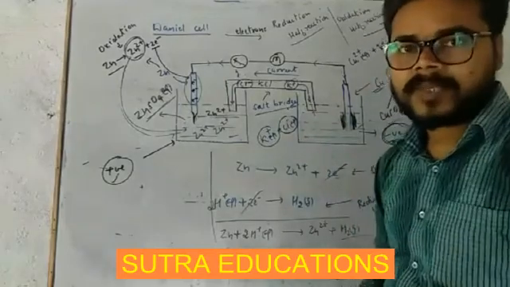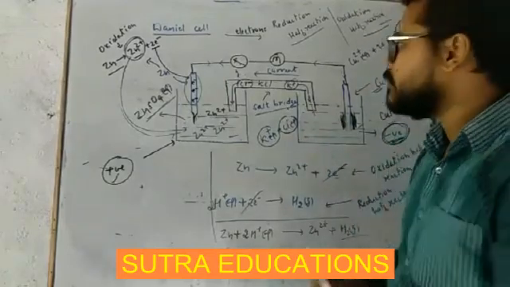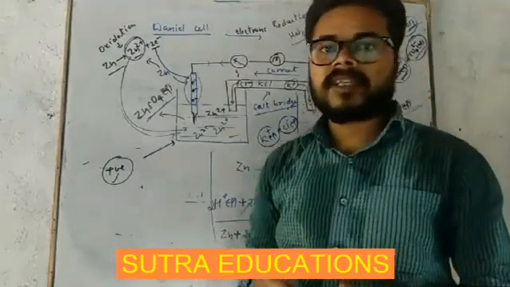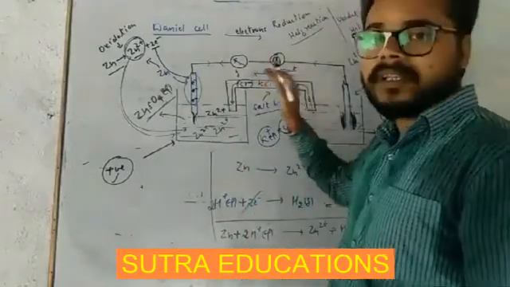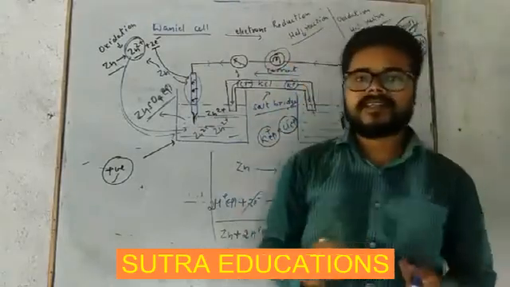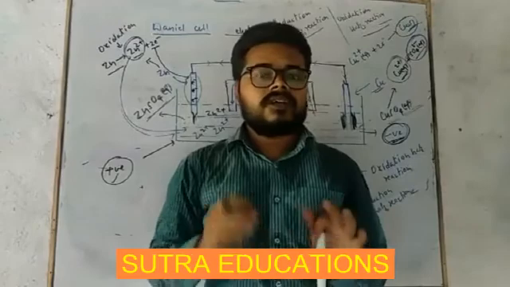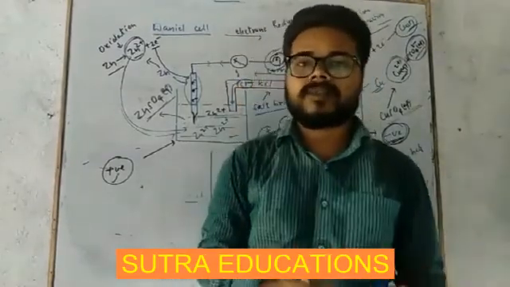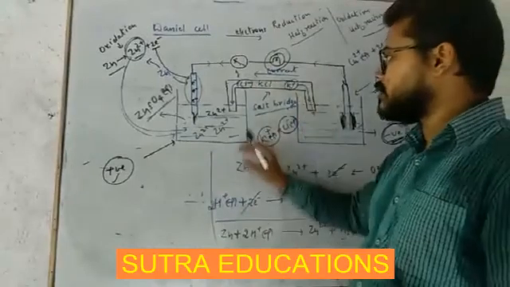So what will happen? Now again electrons will start flowing and current will start flowing, meaning we will get electricity. Is it clear? So the salt bridge plays a very important role. I will tell you what a salt bridge is, but for now you just have to understand this.